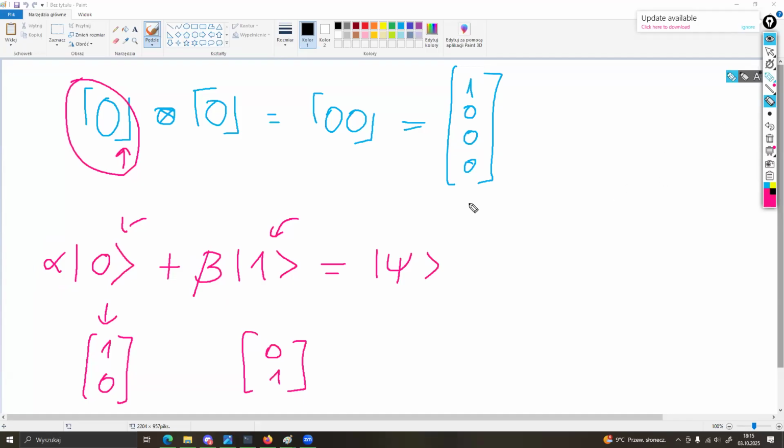So we no longer express our vector as something like this. Let me switch the color to denote the vector of possible states.